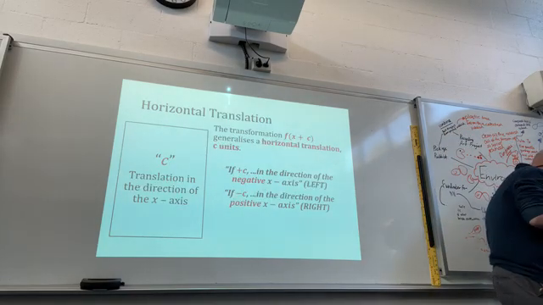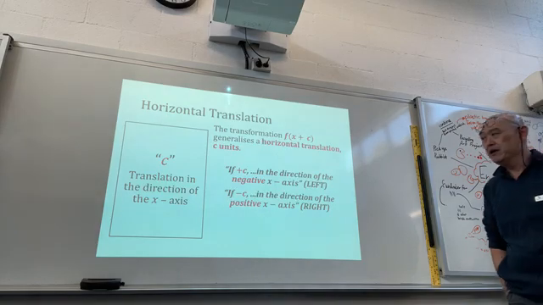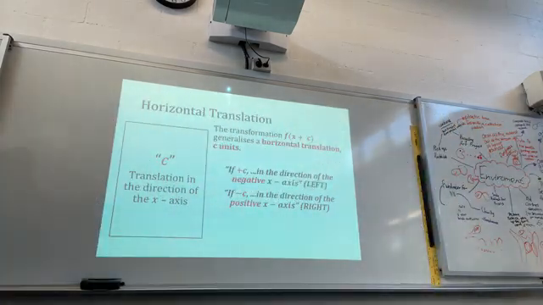All right. Now, for horizontal translation, the transformation f(x + c) generalizes a horizontal translation by c units. All right? So c is a translation along the x-axis.